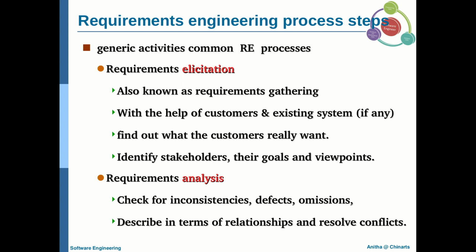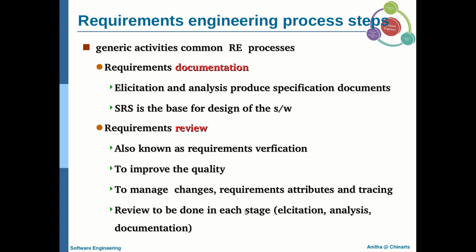Not only that, if any two requirements have conflicts, then that should also be specified in the analysis. One user will say that I want this kind of requirement, but another user says this particular requirement should not be there. Then there is a conflicting requirement. That should also be analyzed here.